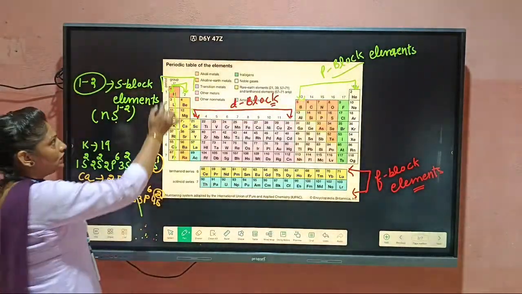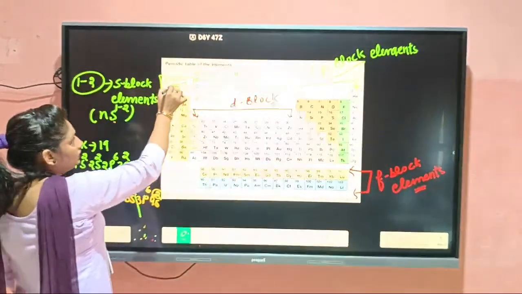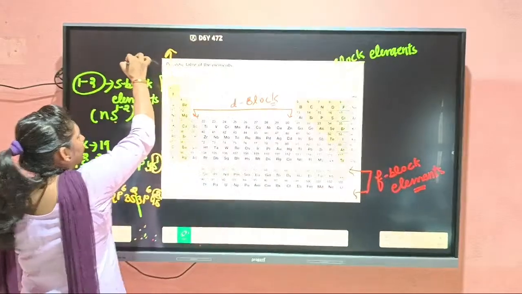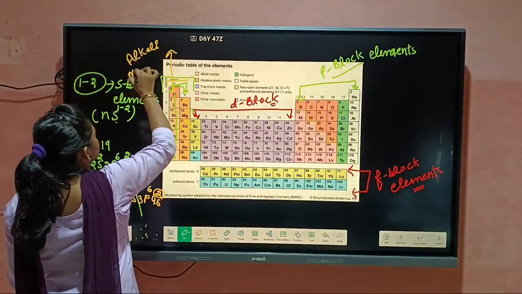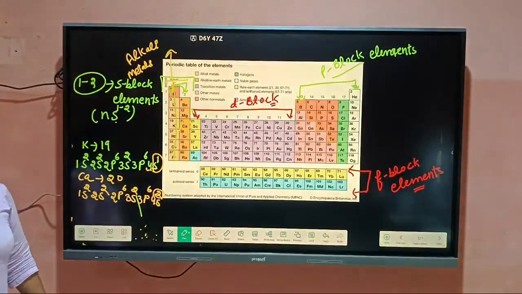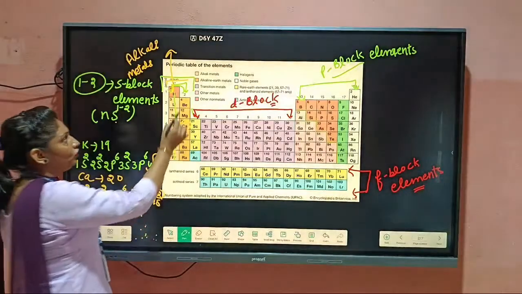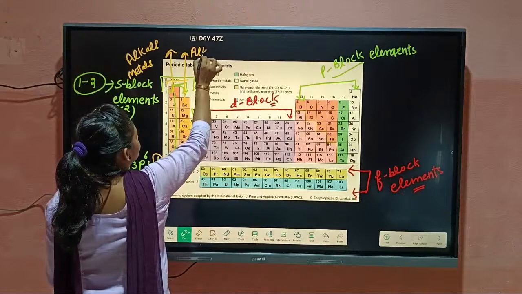Group number 1 elements are basically known as the alkali metals, and elements of group number 2 are known as the alkaline earth metals.